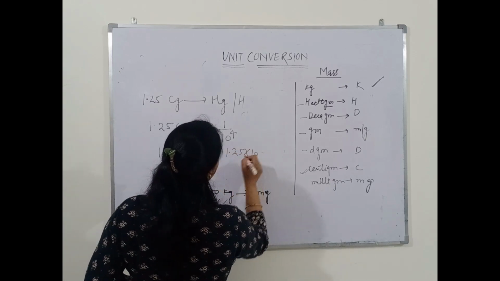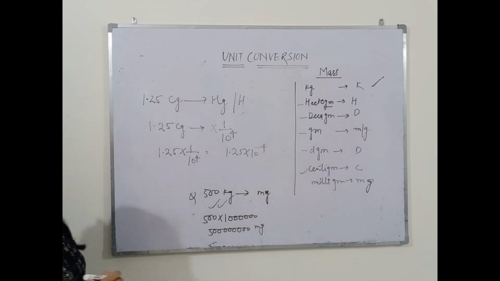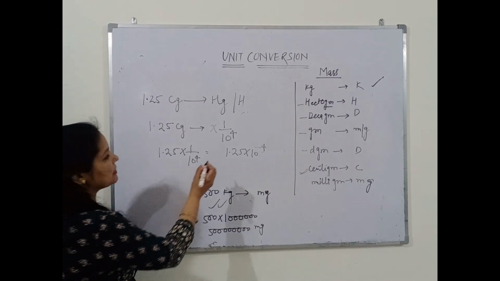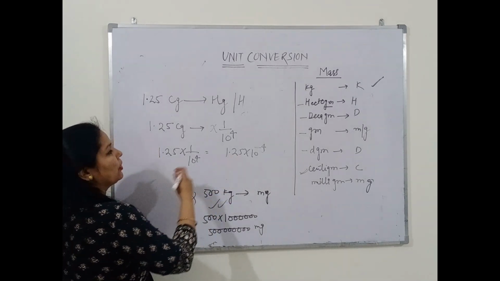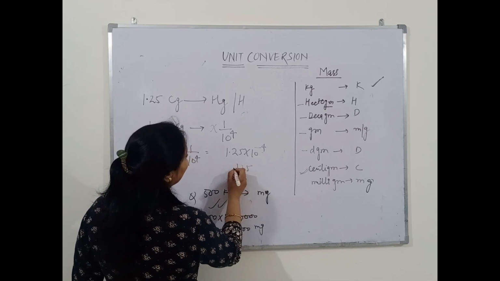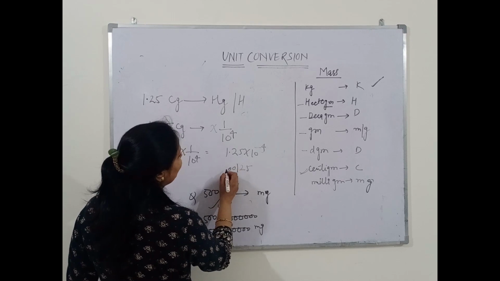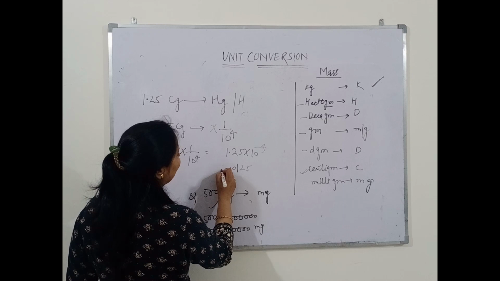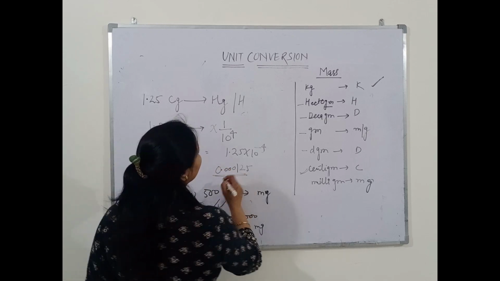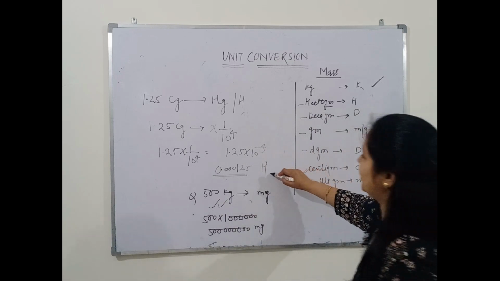When this value goes upside, the power will be negative. Right? So that means this point should be shifted 4 places. The value will be 1, 2, 3, 1, 2, 3 and 4 here. The point will be here. Your answer will be in hectogram in this way.